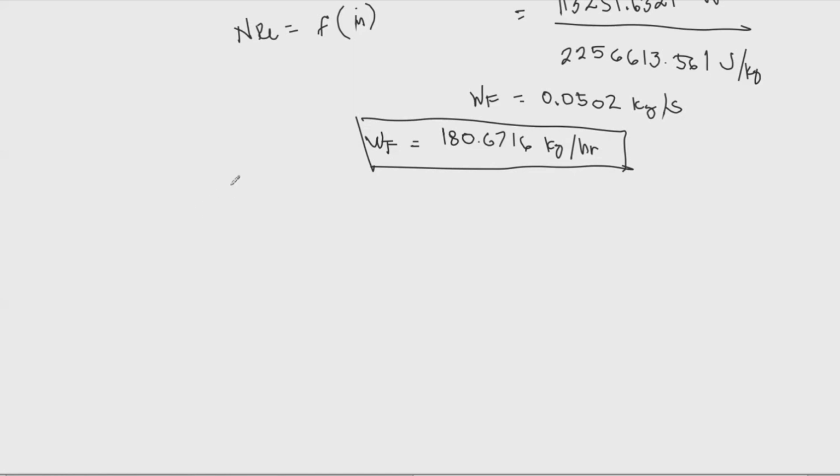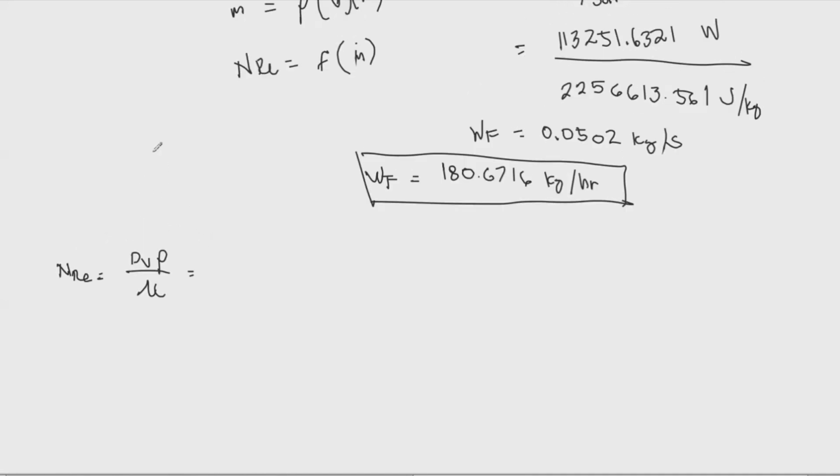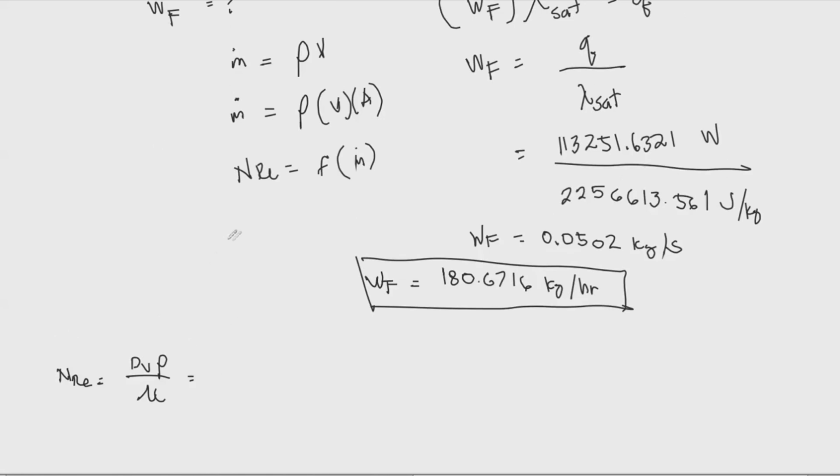And remember, the Reynolds number is given by DVρ over μ, and if we would like to relate this with our mass flow rate WF, we could see that ρV is actually equal to the mass flow rate over area, or this is our WF over the area.